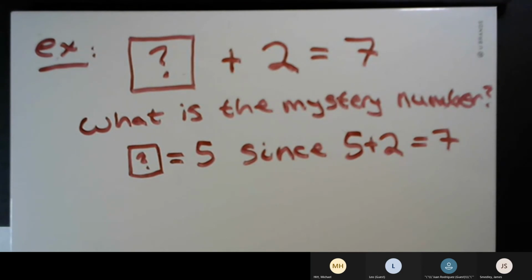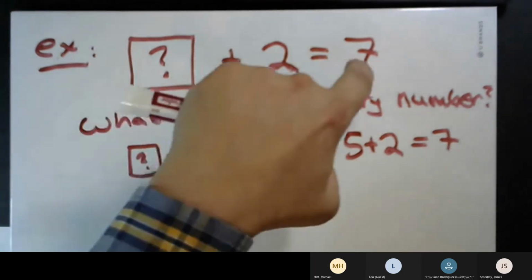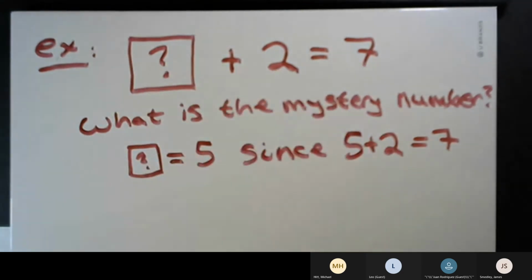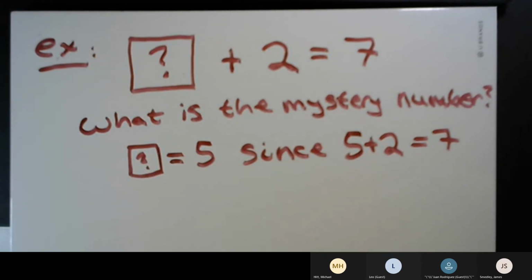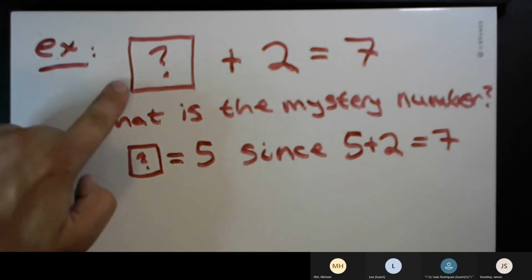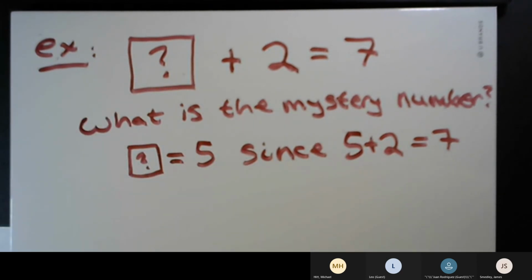It's a mystery number. And what happens here and what it's equal to gives us a clue as to what that mystery number is. So the study of algebra is really just answering these types of riddles. Can we figure out the mystery number? And it turns out some of these riddles can be pretty hard. So that's why we're going to learn all these little tricks to answer what this mystery number is, to figure it out.